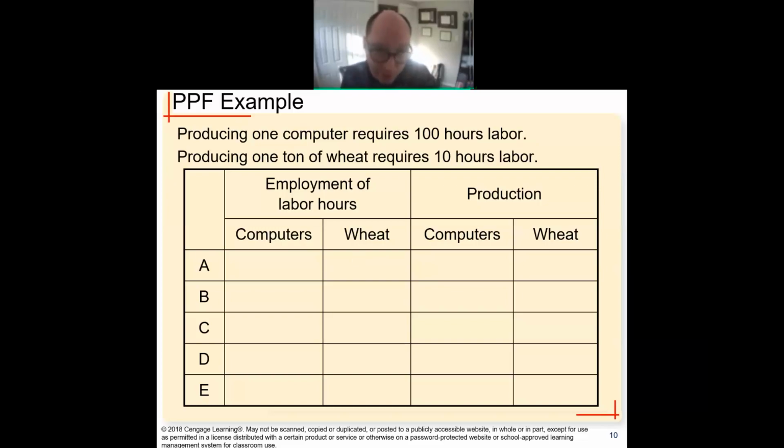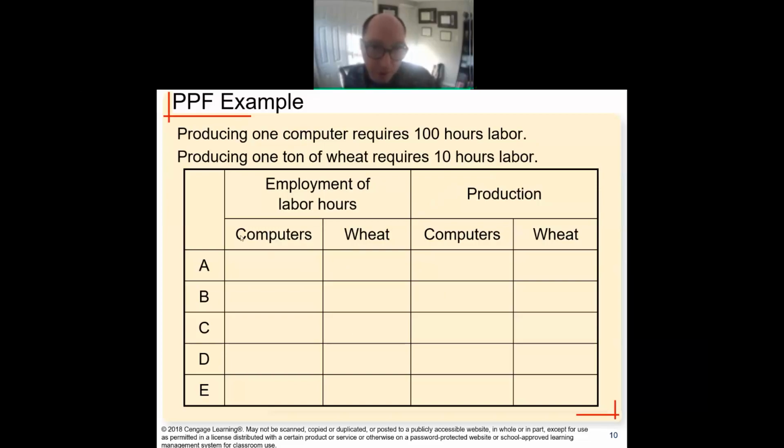Makes no sense at all, but let's just go with it. Producing one computer, this is a really old example. Producing one computer requires 100 hours of labor per computer. Okay? Producing 1 ton of wheat requires 10 hours of labor, thanks to technology.